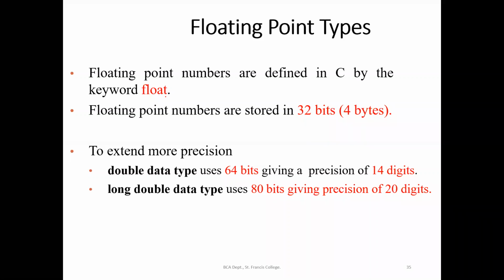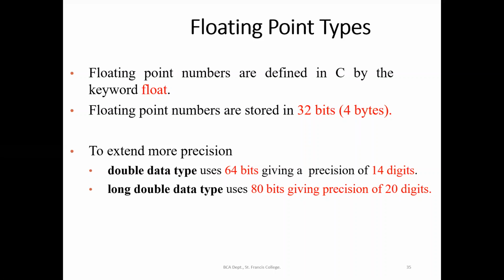So whatever size we allocate to long int is the same as floating point, 32 bits, that is 4 bytes. Now, if you want more precision, what precision means is that after the decimal point we will be rounding off, right?